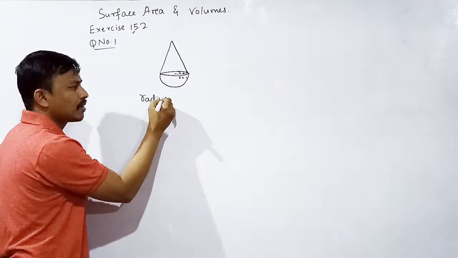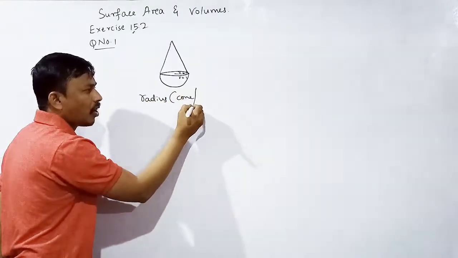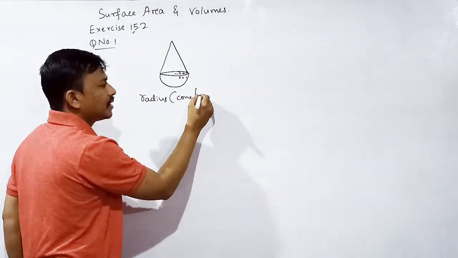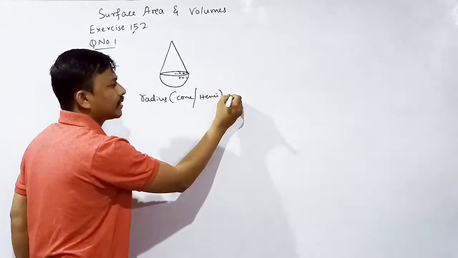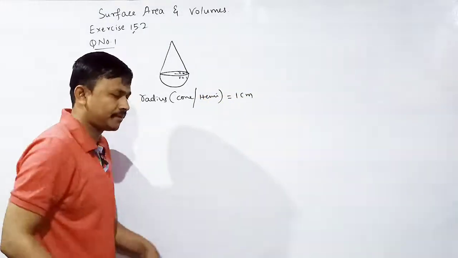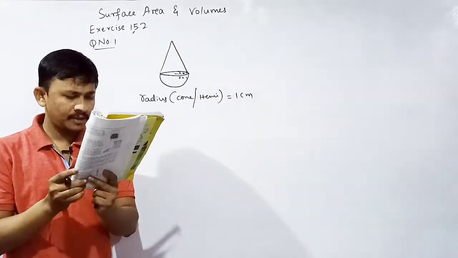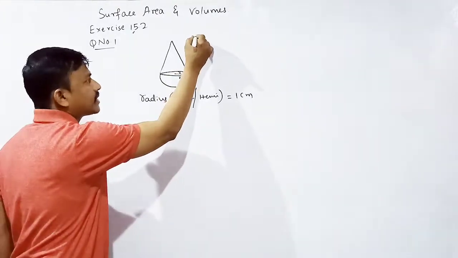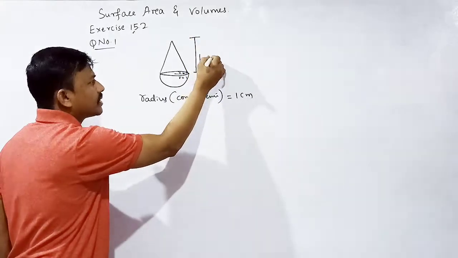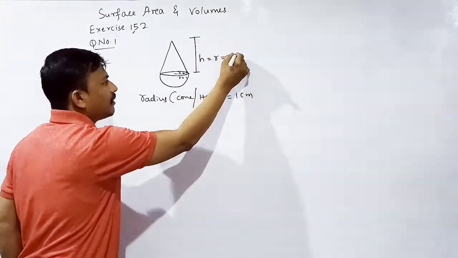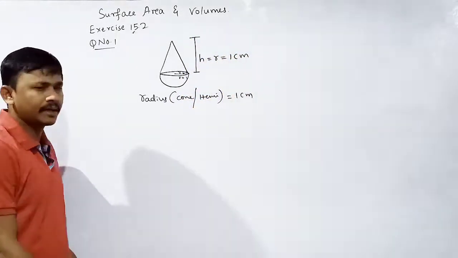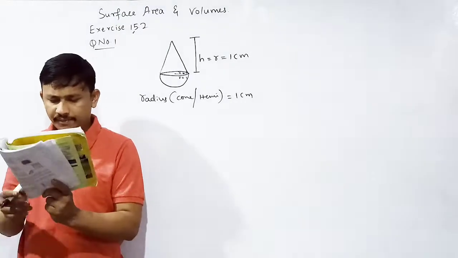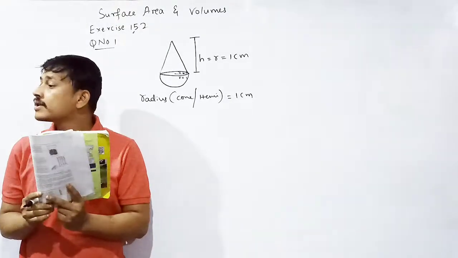And the height of the cone is equal to the radius. h is equal to radius. What is the radius value? 1 centimeter. Correct? Okay. Find the volume of the solid.